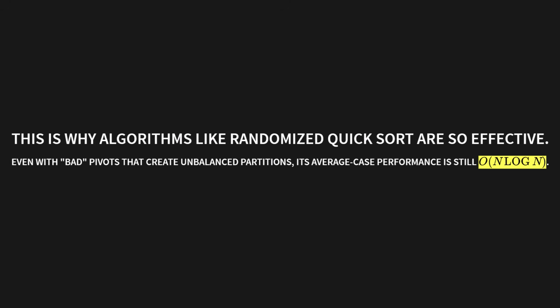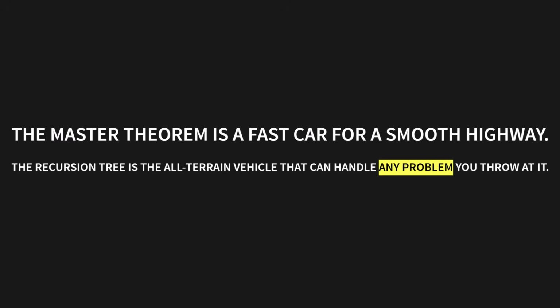Even with bad pivots that create unbalanced partitions, its average case performance is still O(n log n). The master theorem is a fast car for a smooth highway. But the recursion tree is the all-terrain vehicle that can handle any problem you throw at it.